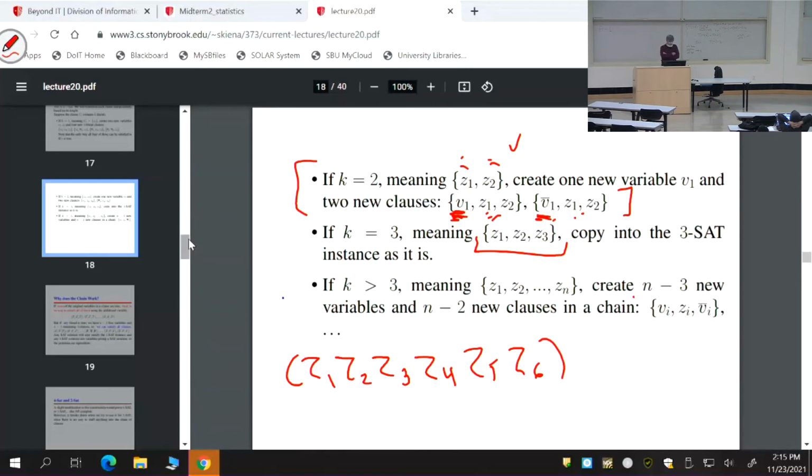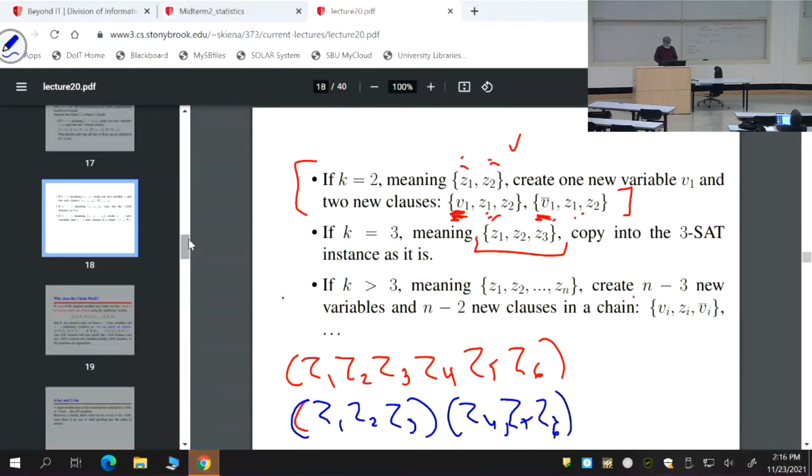Okay. What if I did this? Let me make it a different color. What if I just broke it in the middle? Look, Ma, they're 3-element clauses. Do these 2 clauses mean the same thing as the red thing? Seeing someone shaking their head, no. Why is it not the same thing?